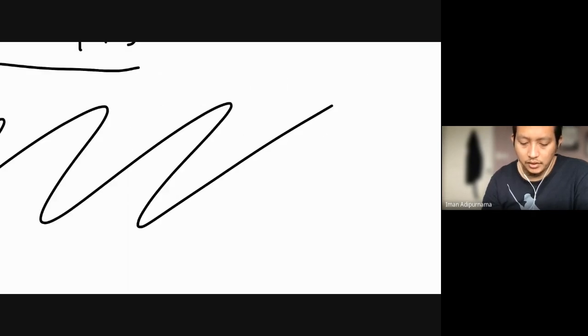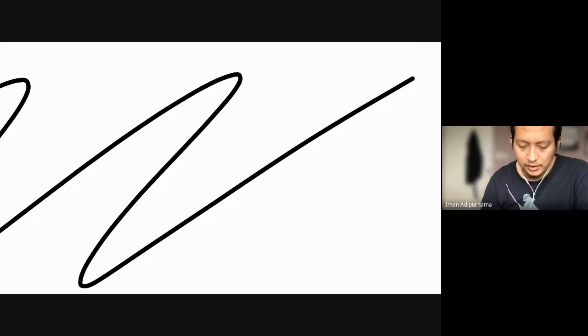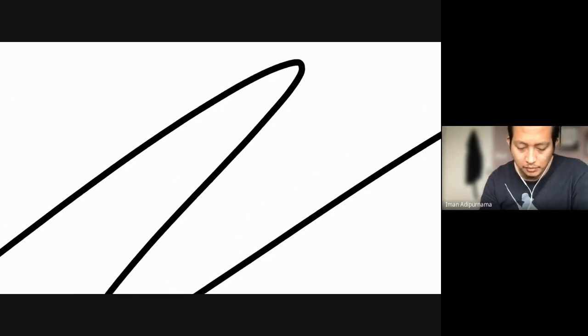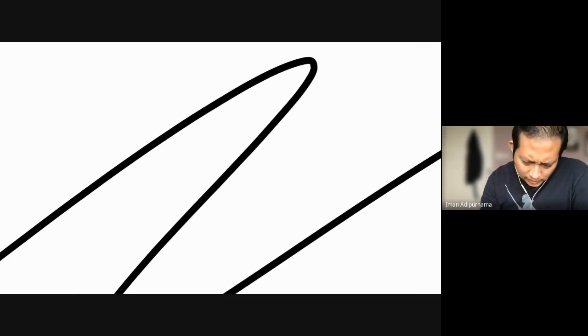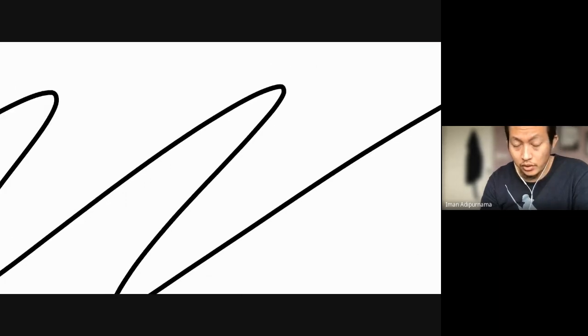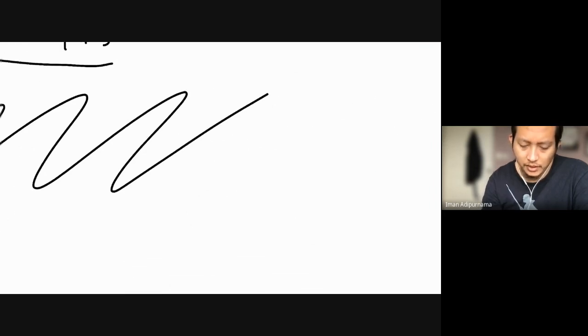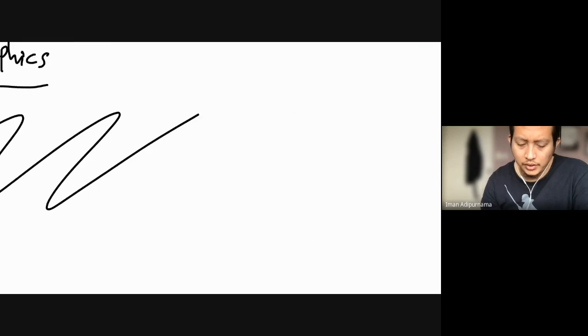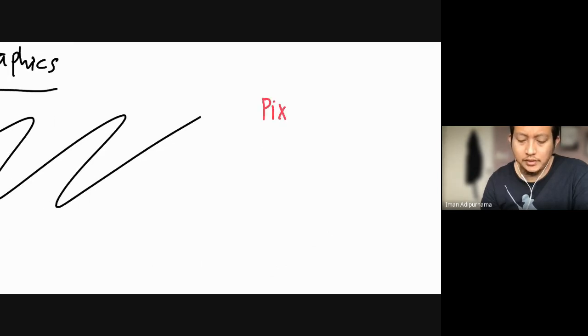If you take a closer look, it's still sharp. We don't see any noticeable noise in the line. The line is quite smooth, and even if you zoom in it still seems smooth. But if you really zoom in for a closer look at this image, you will see that it consists of pixels.